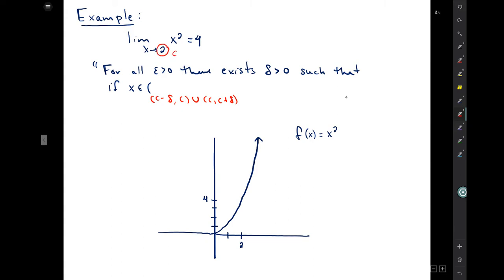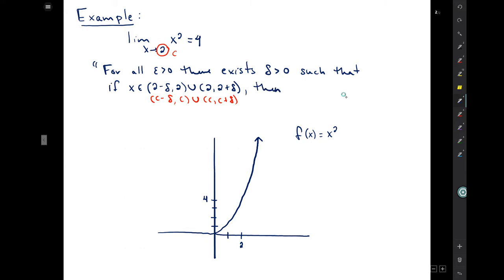Here's our c. X goes towards c. So in our definition, we can write 2 minus delta comma 2 union 2 plus delta. Again, we're just taking what was written in the definition and replacing it with what's given in our problem. Okay, then the definition continues.